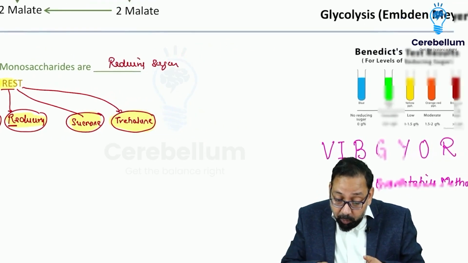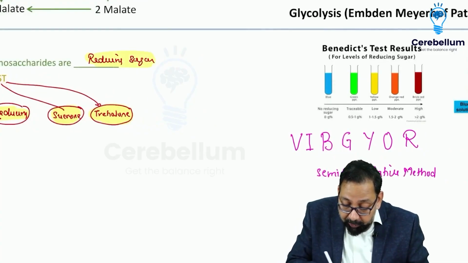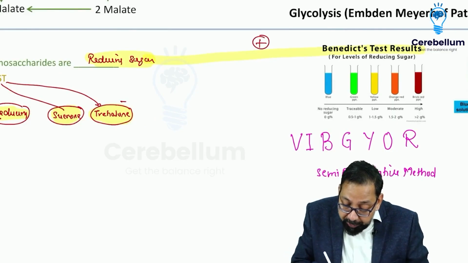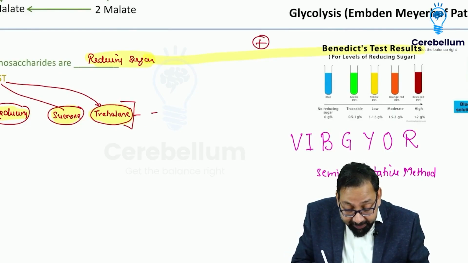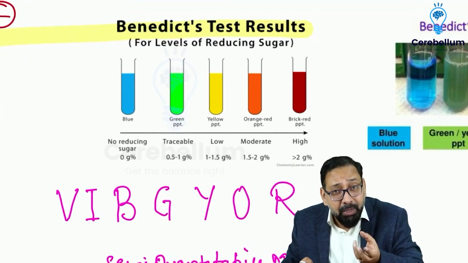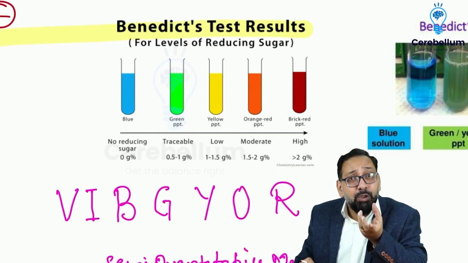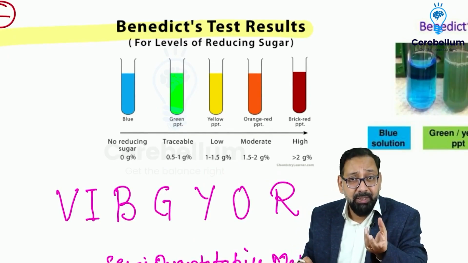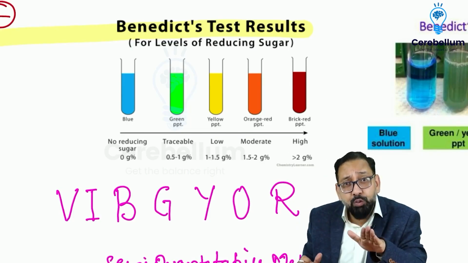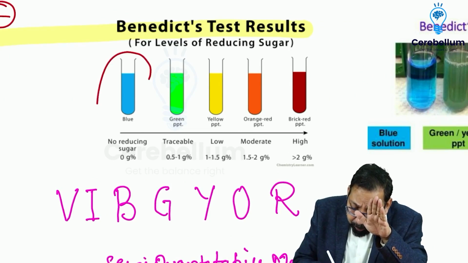And we found that all reducing sugars give Benedict test positive. Non-reducing sugar will give Benedict test negative. In the Benedict test, if we take a urine sample and reducing sugar is there, then the color will change. If no reducing sugar, the color will remain blue.